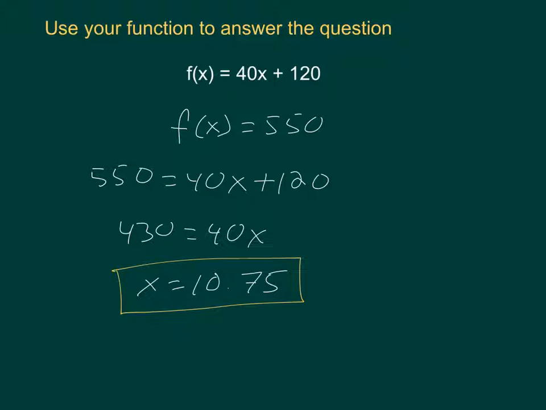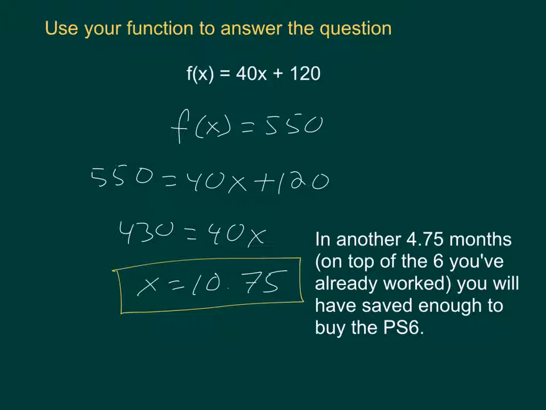So since I've already worked for 6 months, I'm only going to have to wait at most another 5 months. And so that's the conclusion that we can draw. I hope you've seen that by using point-slope form, which is a really convenient format, you're able to write the equation of a line.